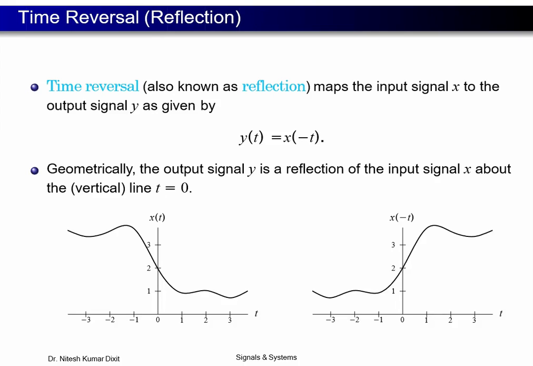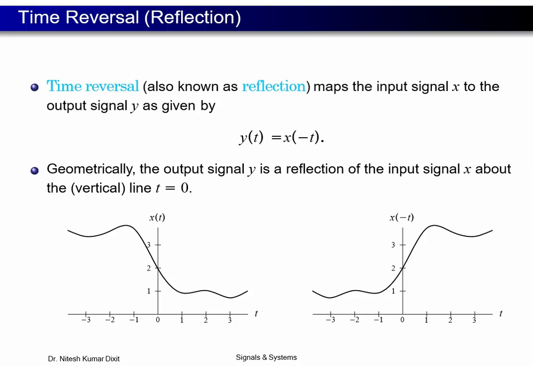Next one is time reversal. Time reversal is also known as reflection. If we have any x of t, to reverse the time we put t equal to minus t. So we reverse the time.